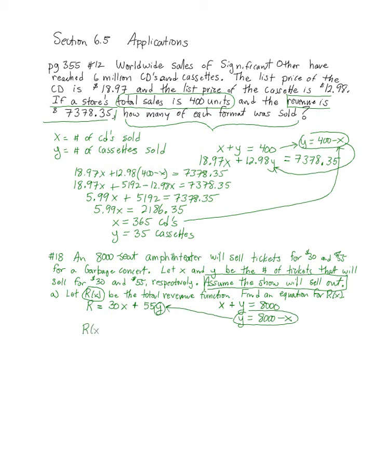So R of X, R with only the letter X in it, is 30X plus 55 times 8,000 minus X. And I think I'll simplify that.